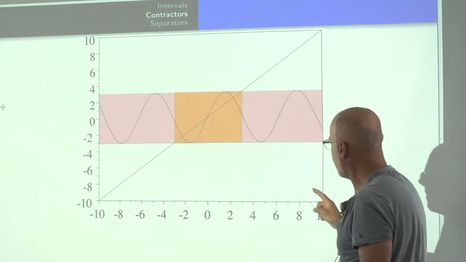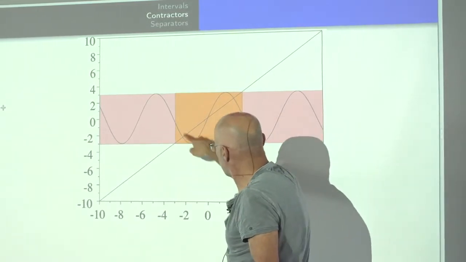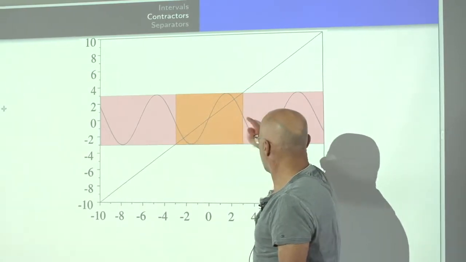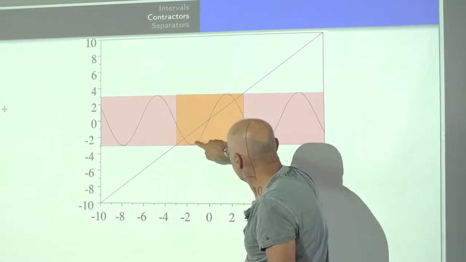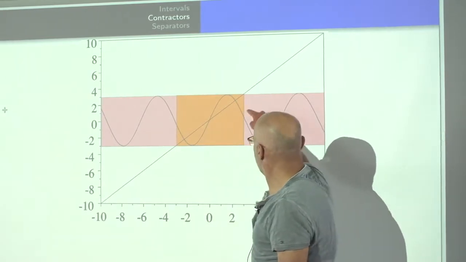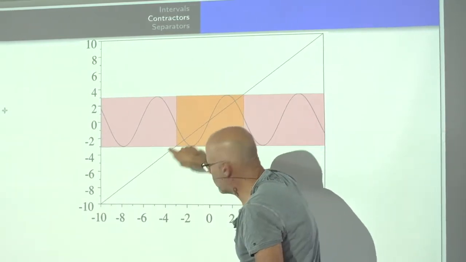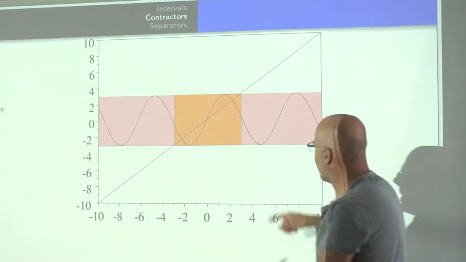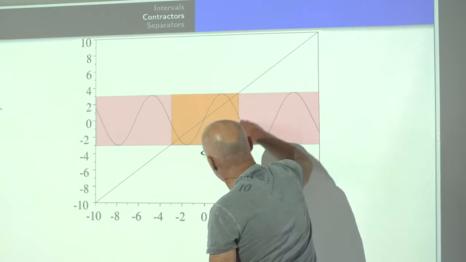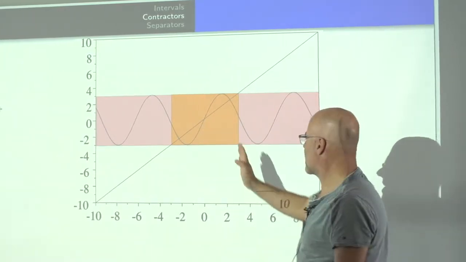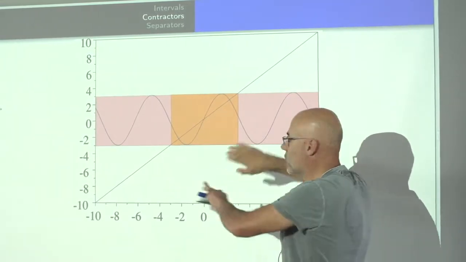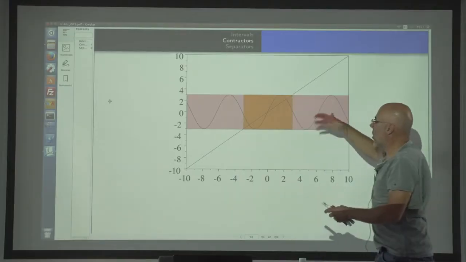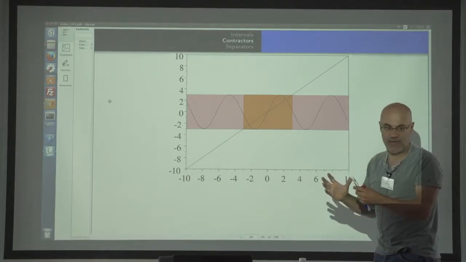Why? Because each equation touches each face of the box. For instance, the sine touches here, here, here, and here. The line touches here, here, here, here. So there is no possibility to contract in this case, and I have not the minimal one. So in this case, I use bisection not only to separate solutions, but also to avoid what we call a local consistency effect.